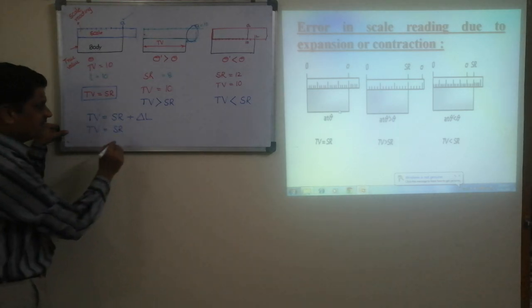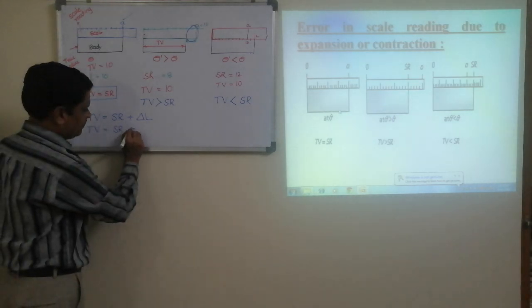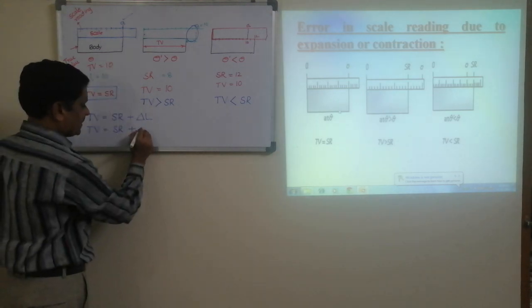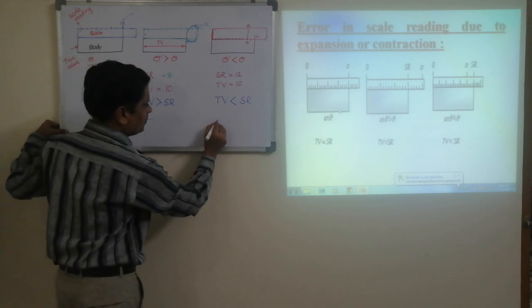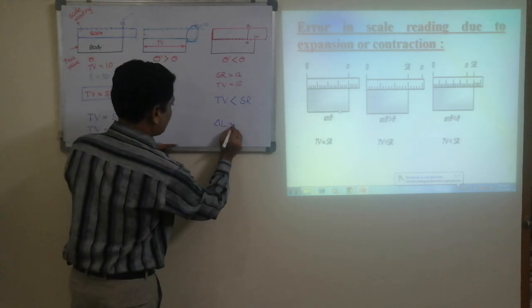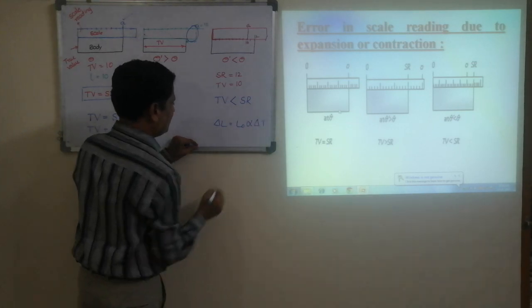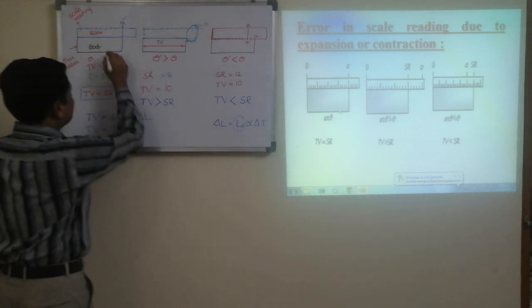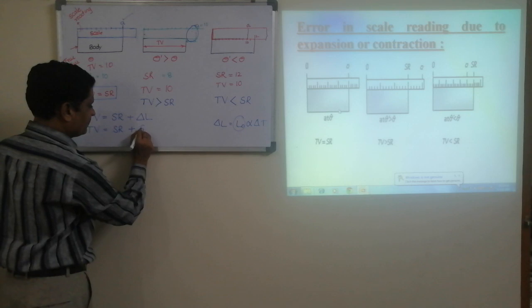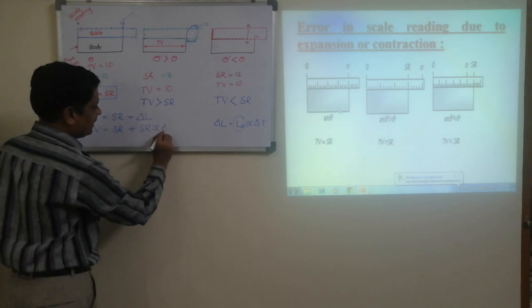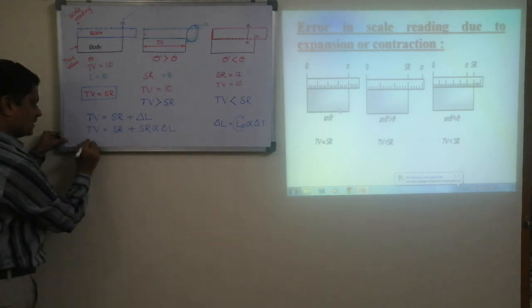Today scale reading is taken as the initial value, so the increase in the length is equal to initial length times alpha times delta t. Today initial length is nothing but scale reading, into alpha into delta t.